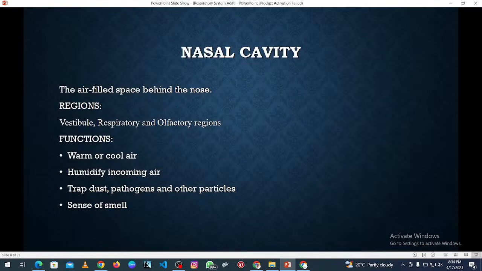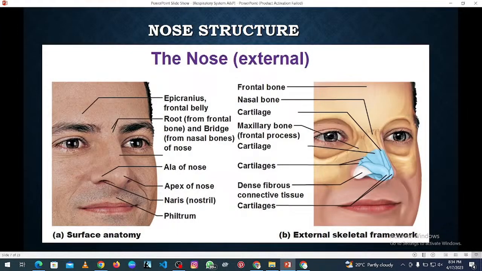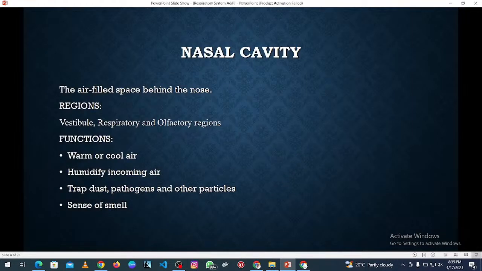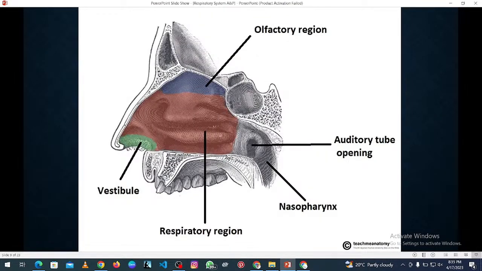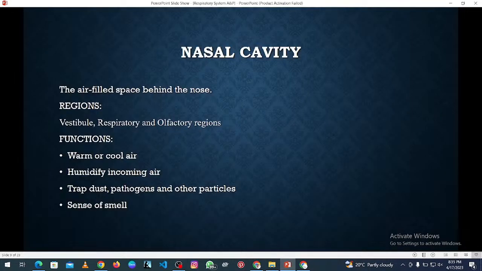So we have the nasal cavity, which is just below the ala, or inside our nose. This protrusion here is called the nose. This whole thing, I believe we know that. So below that, we have what is known as the nasal cavity. I believe this picture explains it better. We'll look at it when we get there.